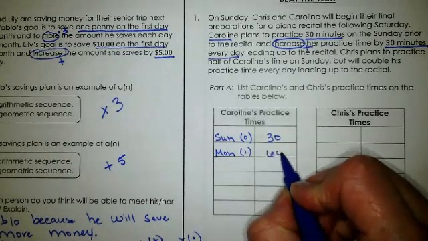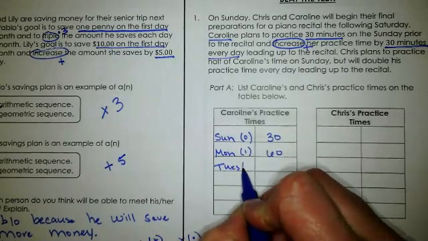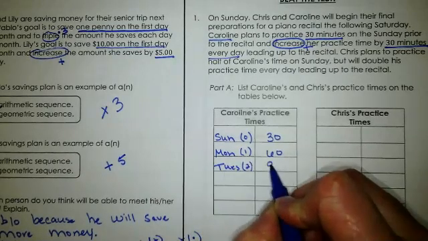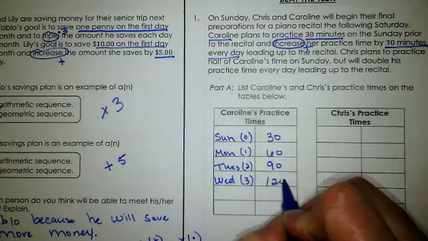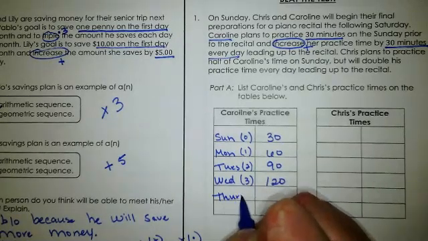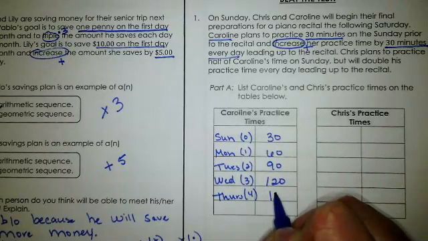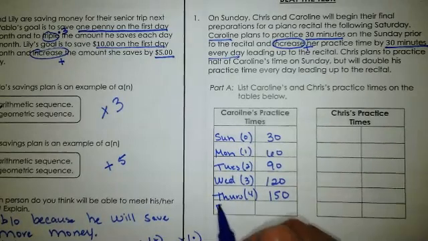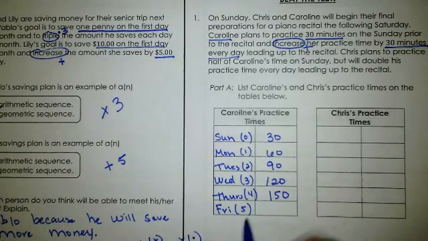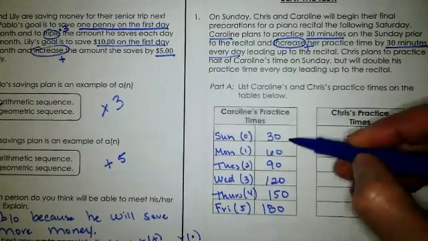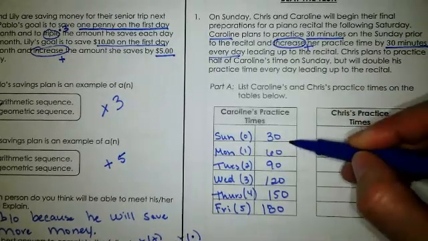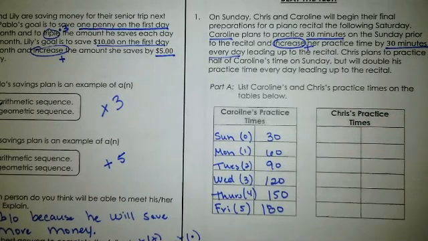So Monday will be 60, Tuesday is 90, Wednesday is 120, Thursday is 150, and Friday, which would be 5 days after she started, should be at 180 minutes. So every time we add a day, we add 30 minutes.